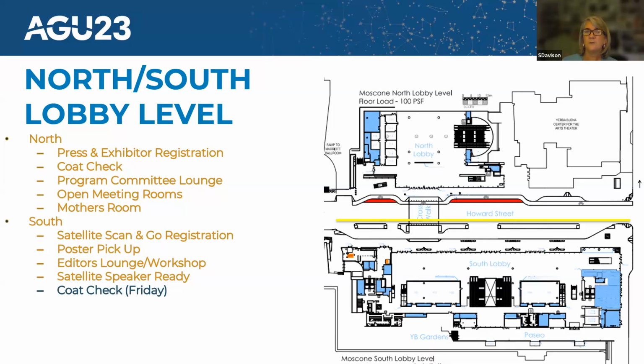So we're trying to reuse the space because after Monday, registration slows down. So we were trying to find unique ways to create these spaces for attendees throughout the week.